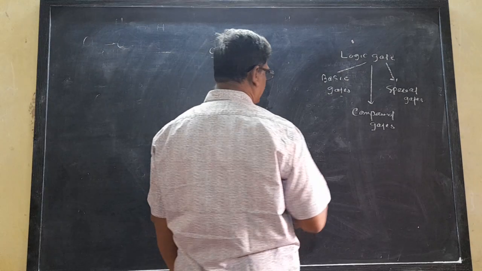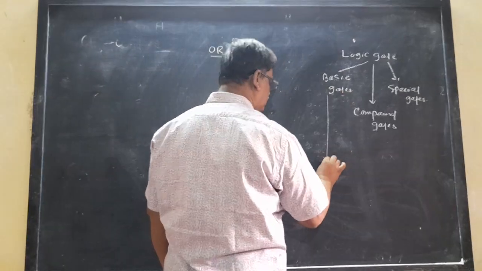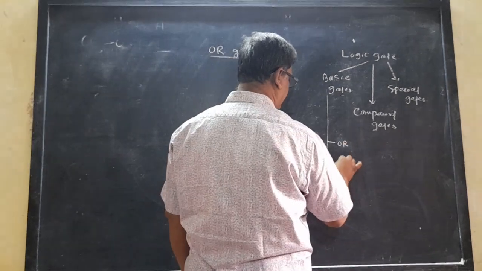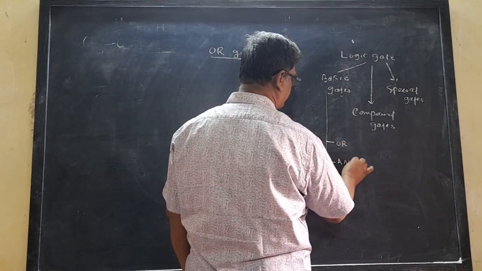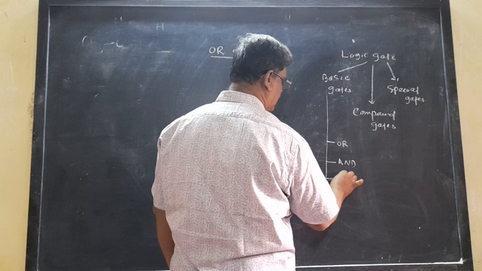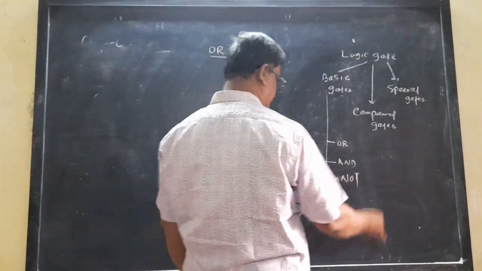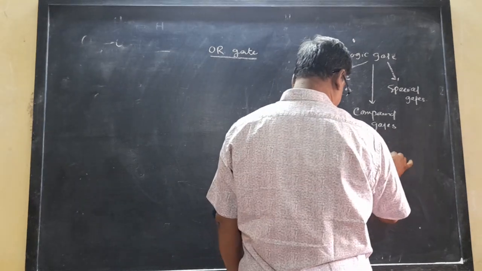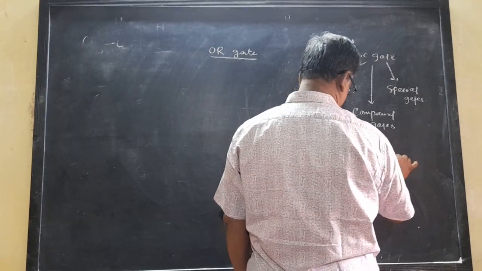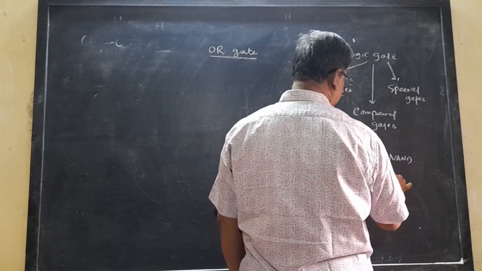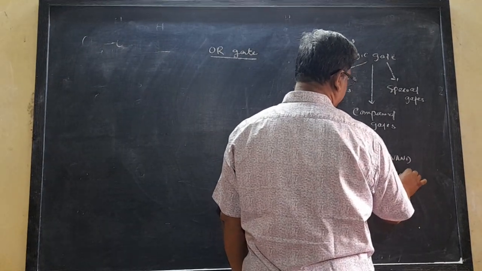Among the basic gates we have the OR gate, the AND gate, and the NOT gate. These are the three basic gates. The compound gates are the NAND gate and the NOR gate.